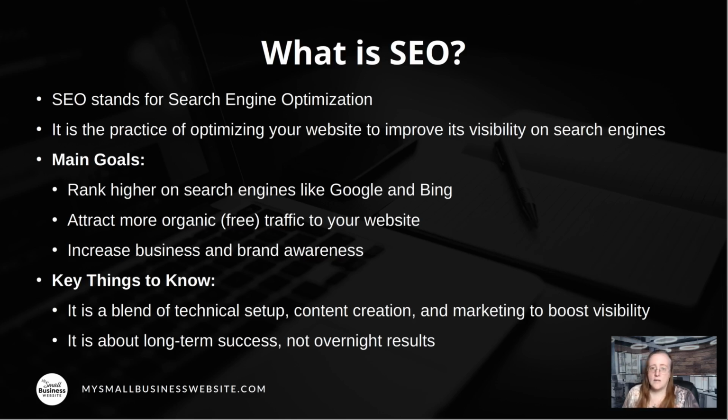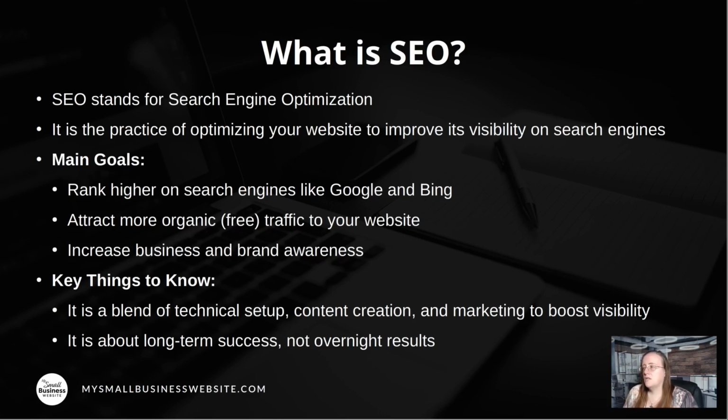Okay, so some key things to know about SEO is that it generally is a blend of some technical setup, because it involves back-end aspects of the website, not necessarily the things that you see on the page itself, though it does include that, because the things on the page itself are the content, and so you do have to use SEO in the content that you create, but also do things on the back end to improve the visibility.